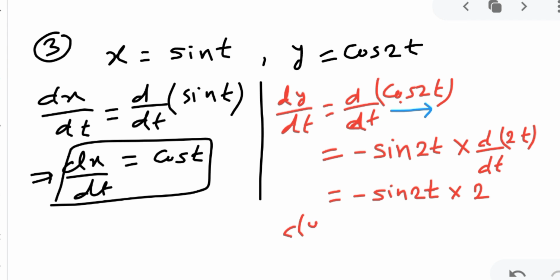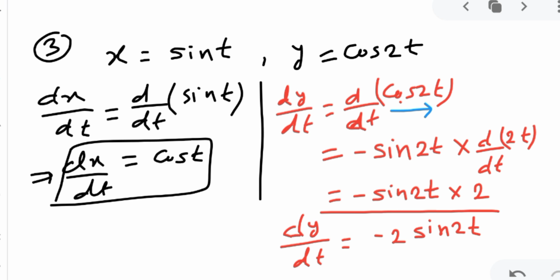So in this way dy upon dt is minus 2 sin 2t. Okay, so this is clear.